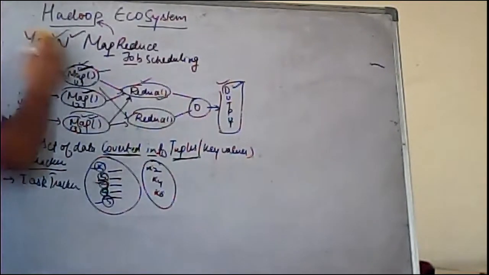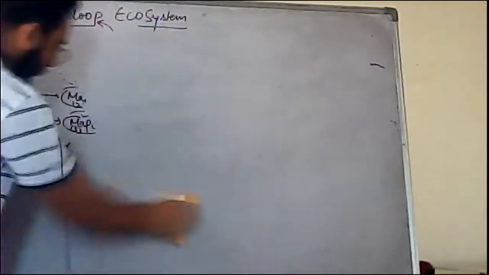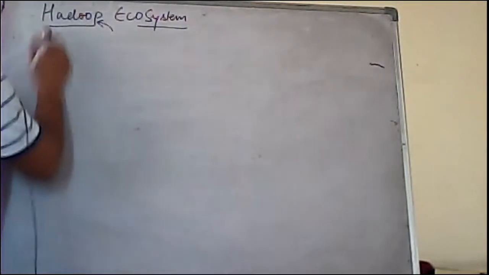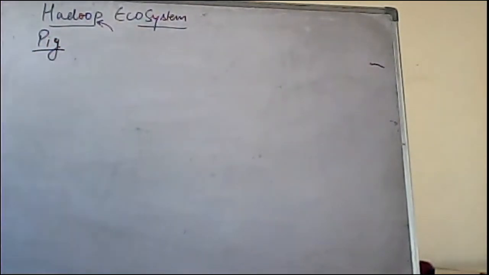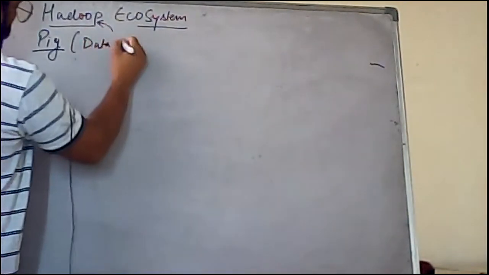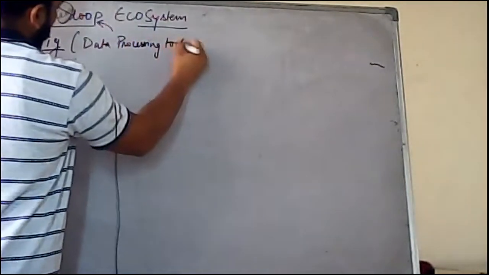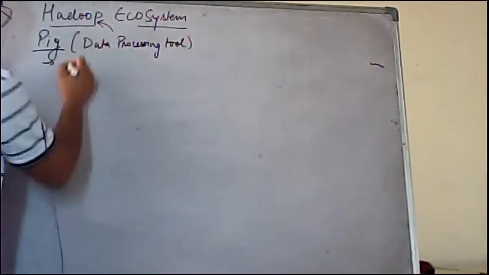Then the next component or next tool that is used in your Hadoop ecosystem is your PIG. This is used for your data processing. This is your data processing tool. How does it work? In your PIG there is a language.